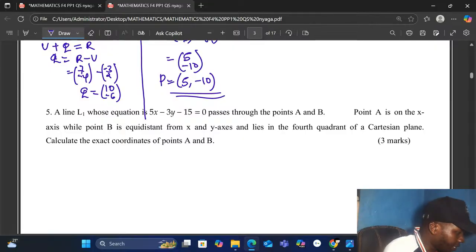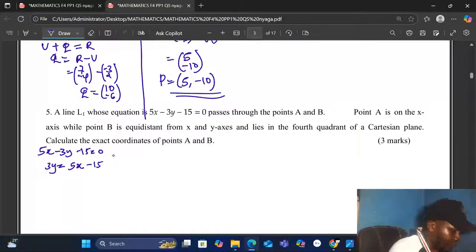The exact coordinates. So the equation that we are given here is 5x minus 3y minus 15 is equal to 0. So we find the value of y. We can say that 3y is equal to 5x minus 15.